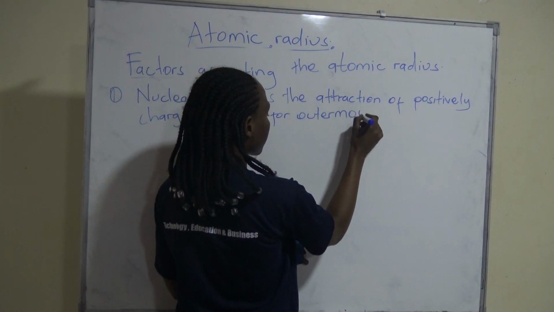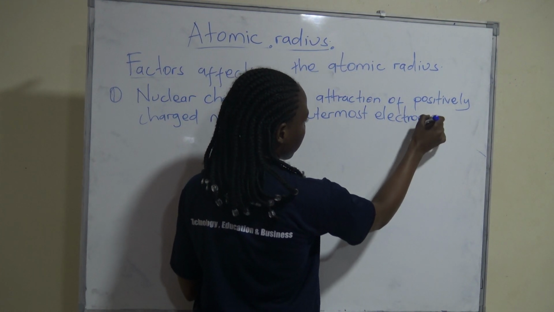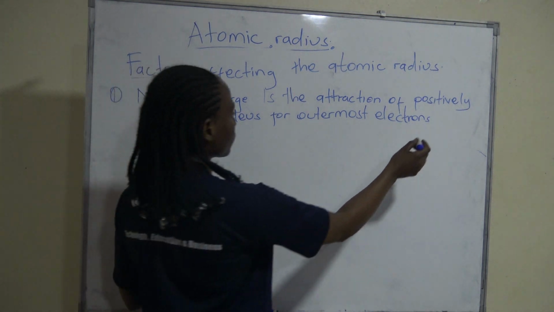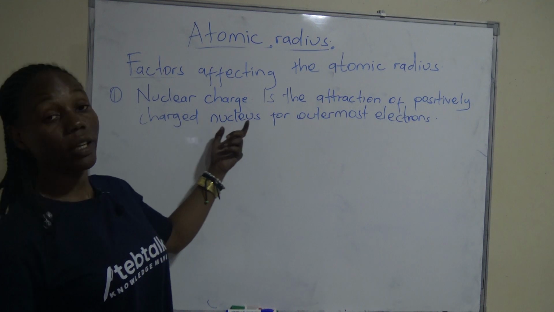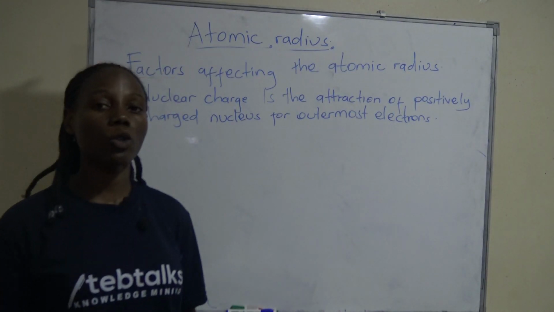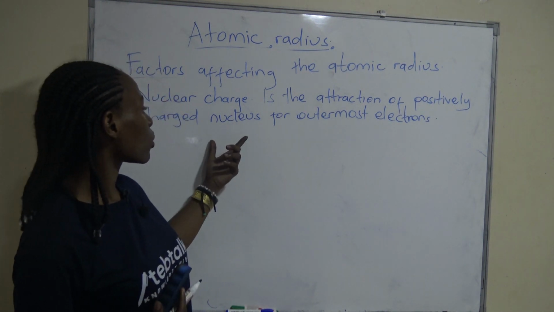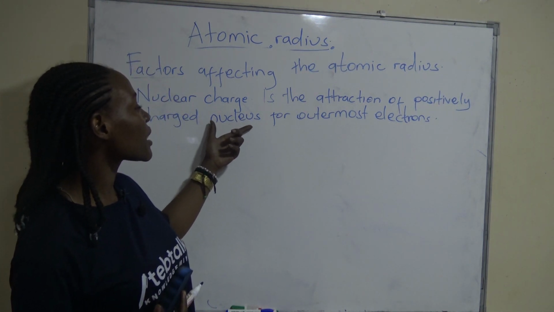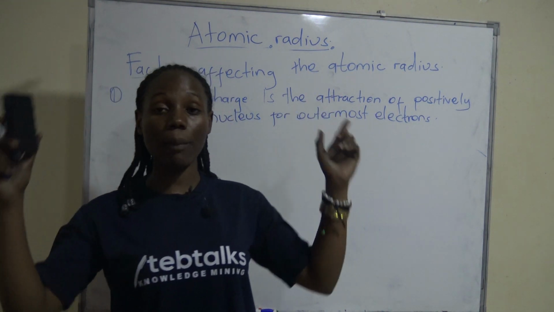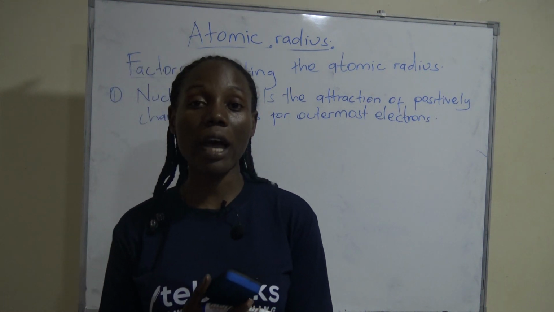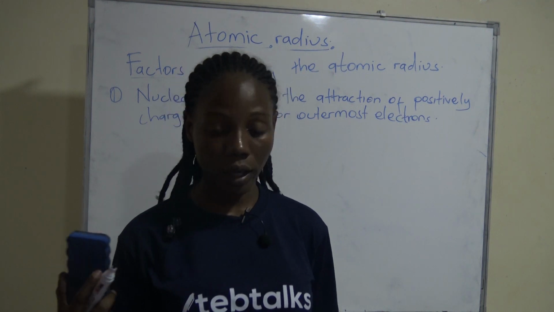Because the nucleus contains protons, which are positively charged particles, that positively charged nucleus tends to attract electrons in the outer shells, because in the previous lessons we looked at energy levels, or what we call shells.